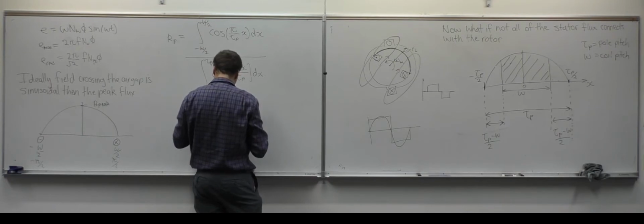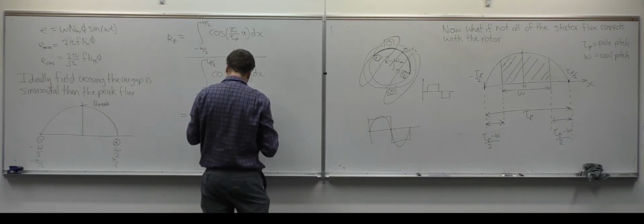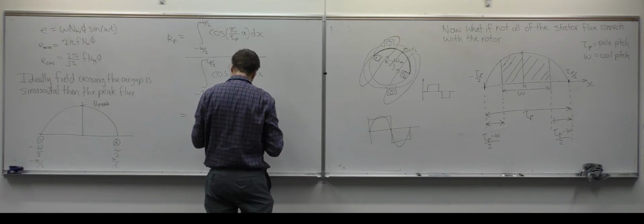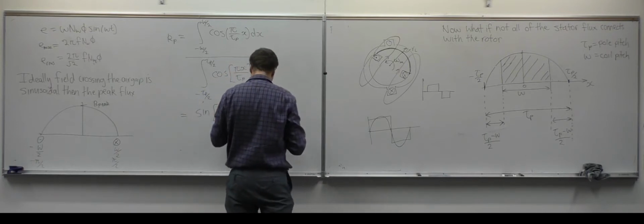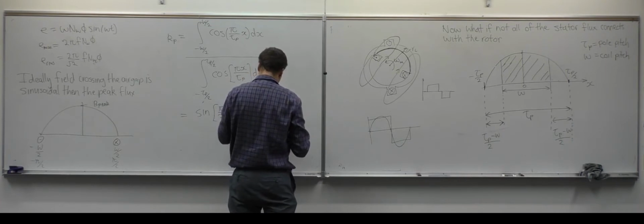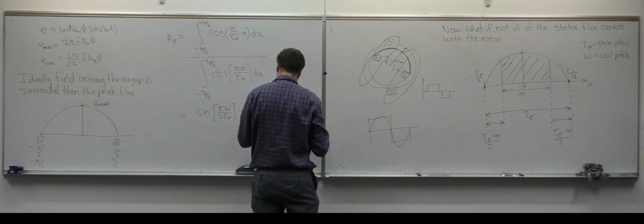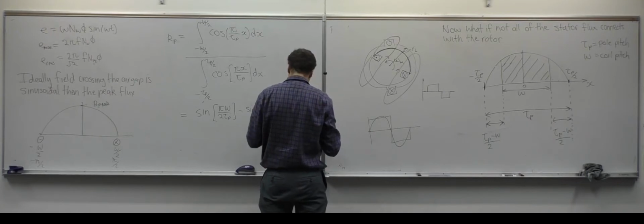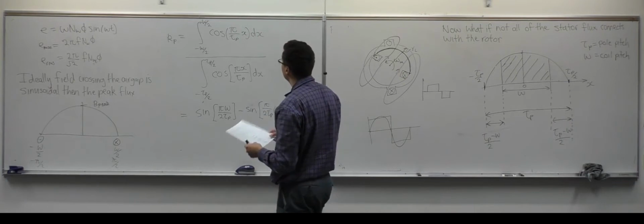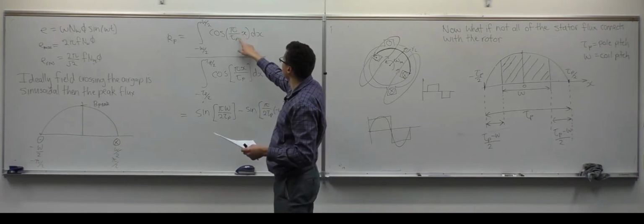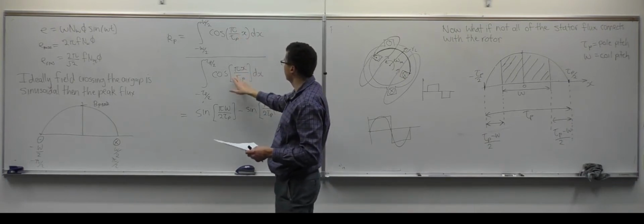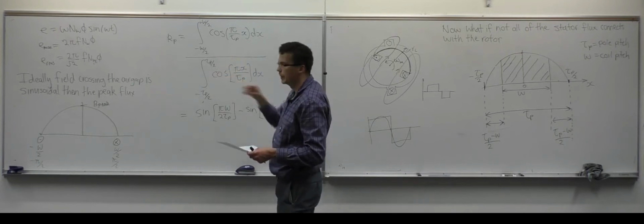So we get, I'm just skipping one step, sine pi W divided by 2 TP minus sine pi over 2 TP minus W. When you do the integration, the pi over TP and the pi over TP that come out, they cancel.